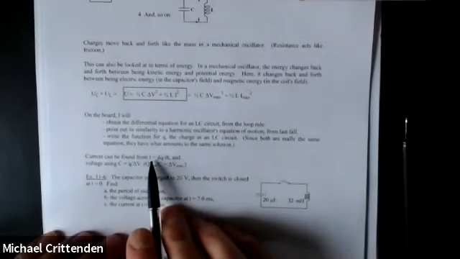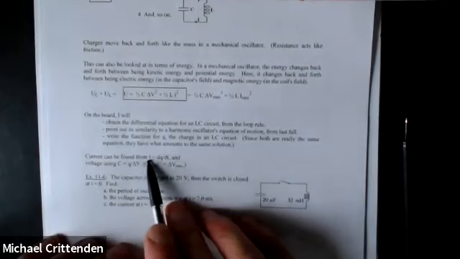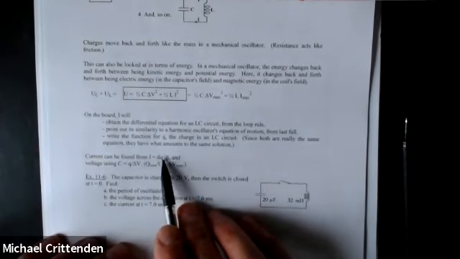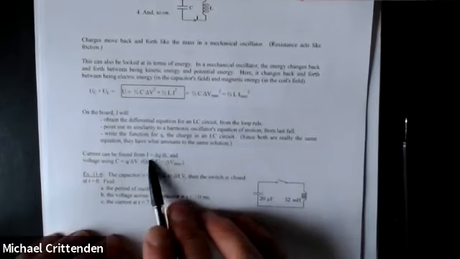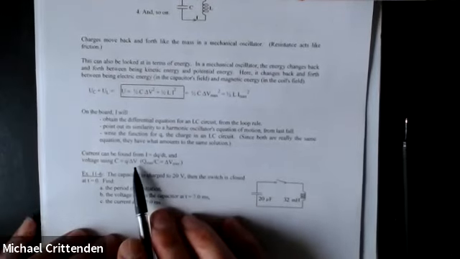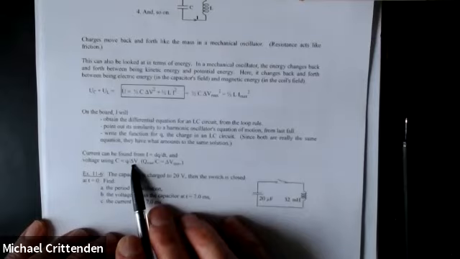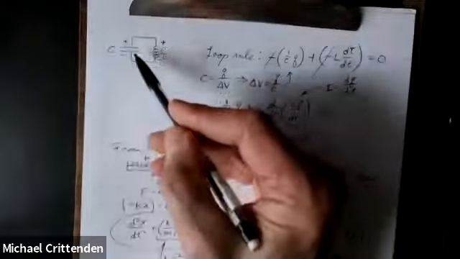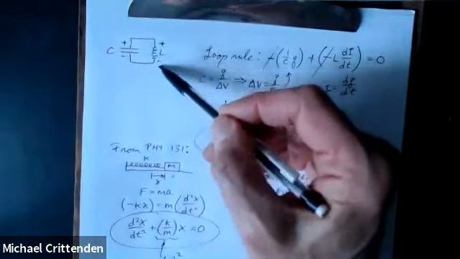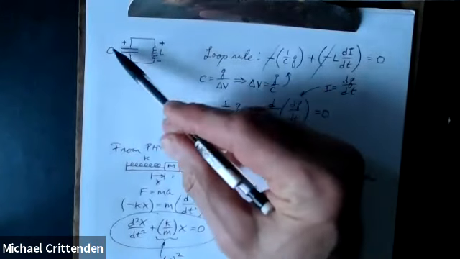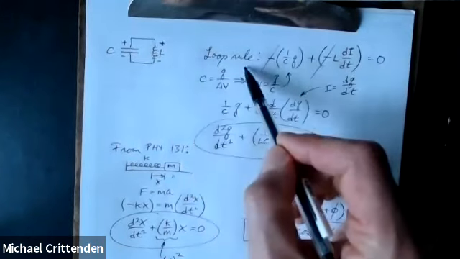All I put on the formula sheet was the formula for the charge as a function of time. Well, if a question asks you about the current, take the derivative. You're supposed to know that I is dq/dt. If the question asks you about the voltage, well, the voltage across the capacitor is going to be the same thing as the voltage across the coil, because those are the only two things along this loop.